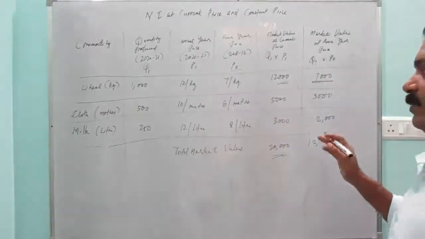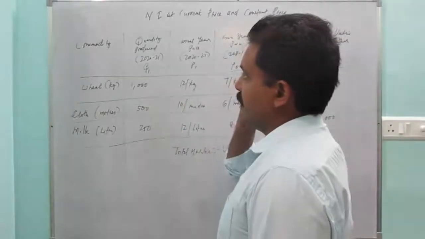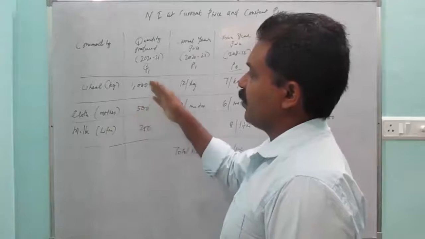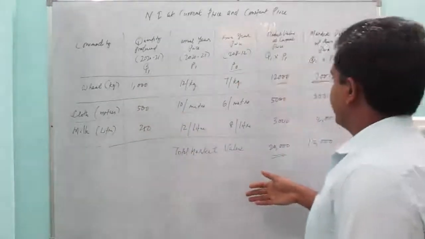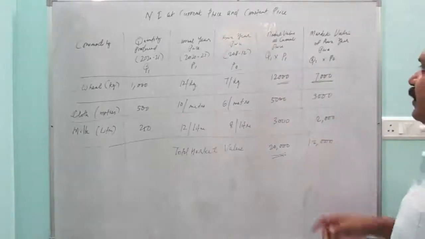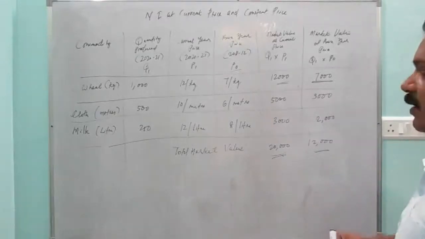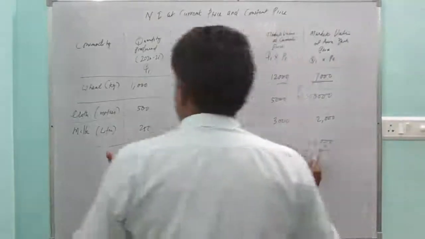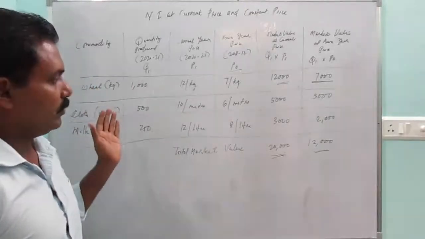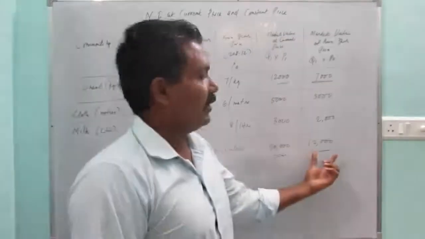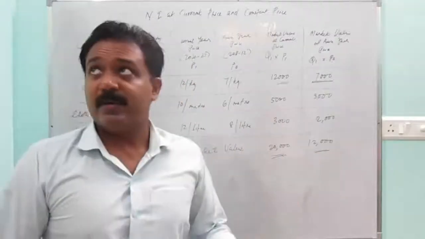However, over the years there is no change in the production of wheat, cloth or milk. So the original one is this only. When we calculate with the base year price, this must come, because there is no change in the production of any of these. So this shows the real picture of the economy, whether there is development or not.